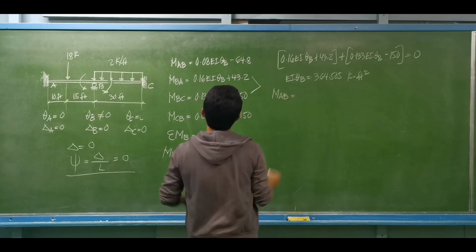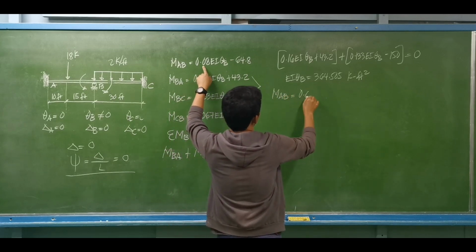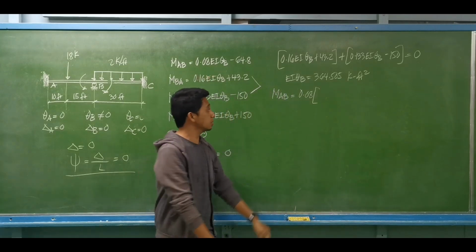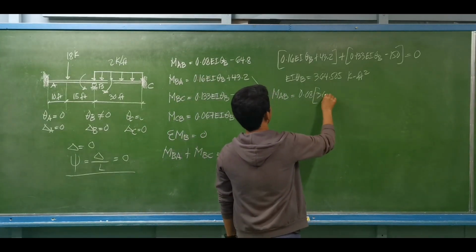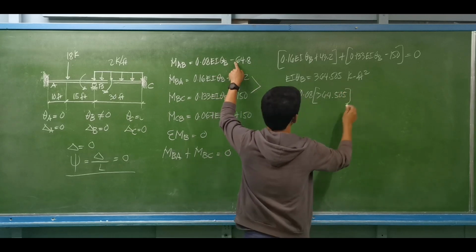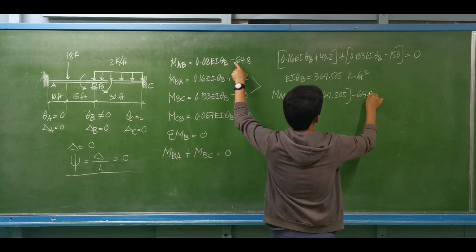Since we have this value, we may compute the moment for span AB. The moment for span AB is equal to 0.08 times EI theta sub B, that is 364.505, minus 64.8.